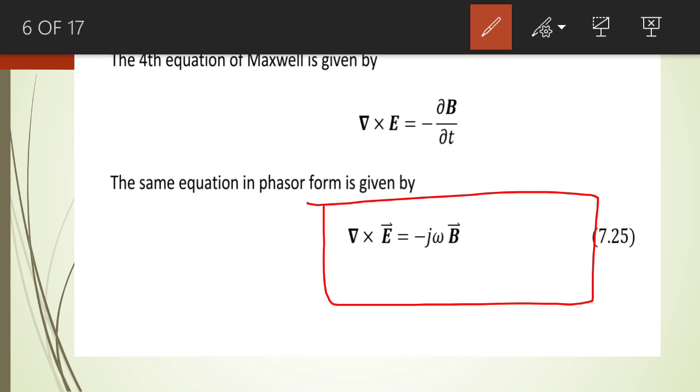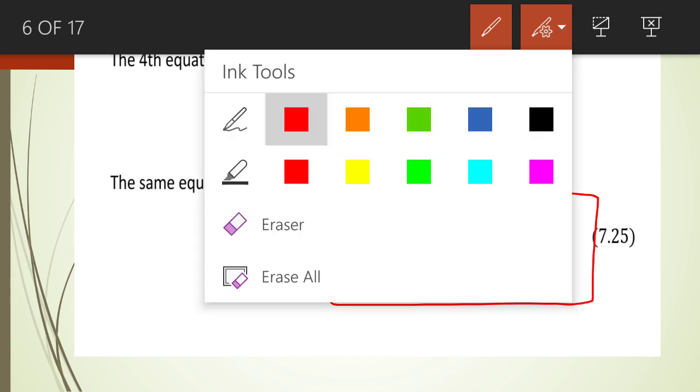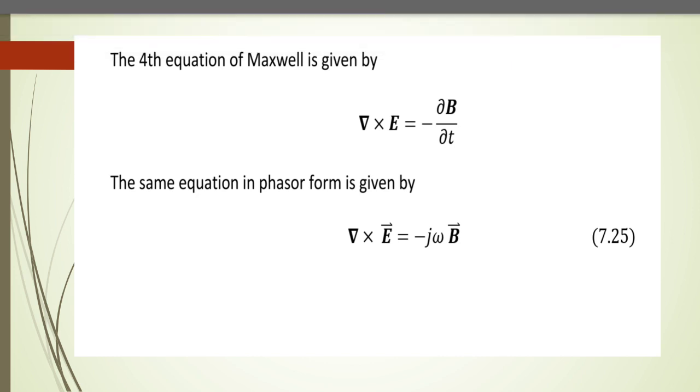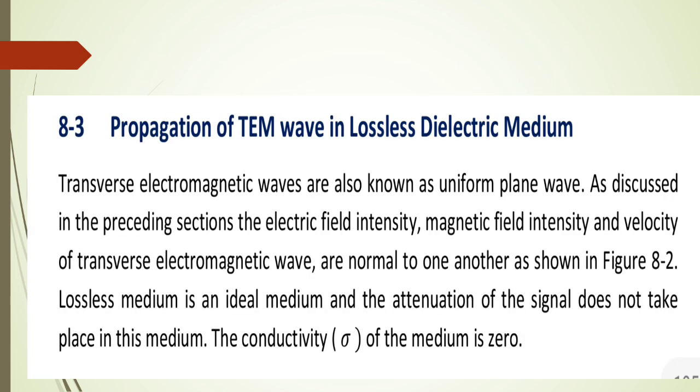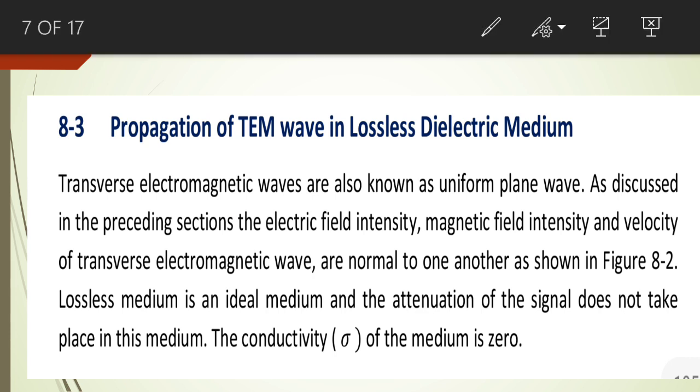So we are done with all the four equations of Maxwell in instantaneous as well as phasor form of representation. So we are going to study the propagation of the electromagnetic wave in a lossless dielectric medium.